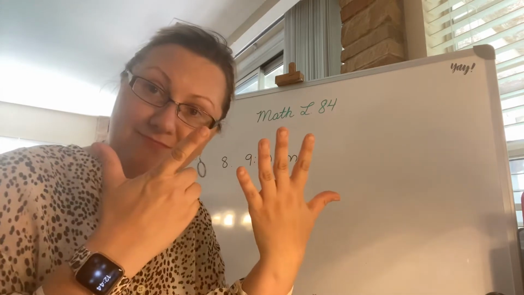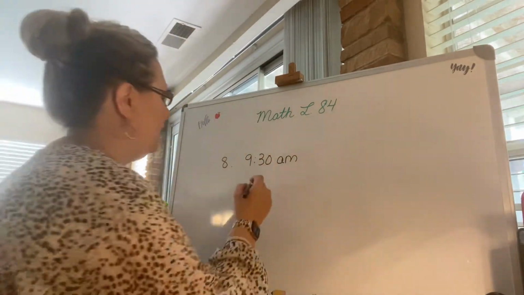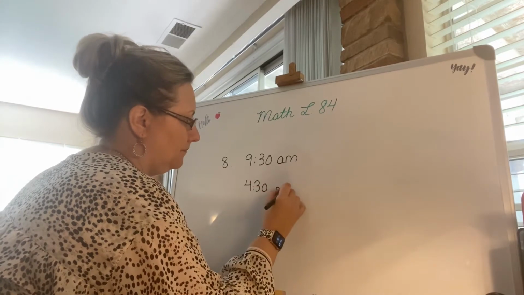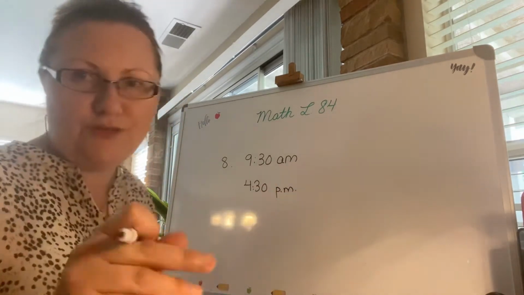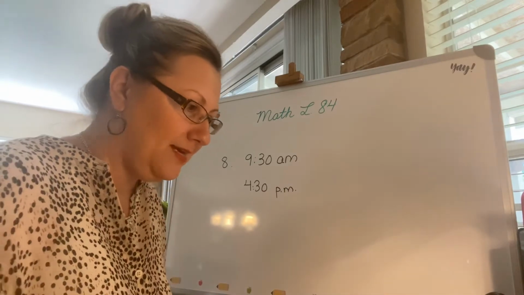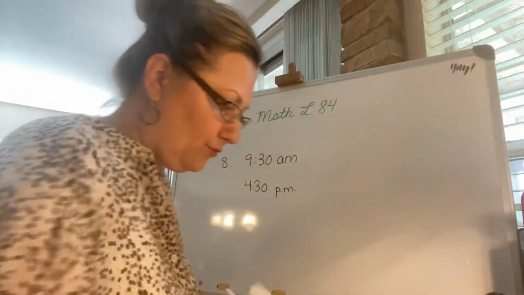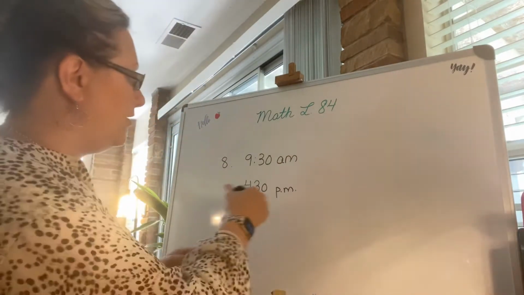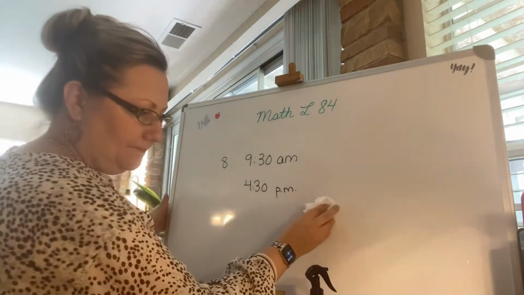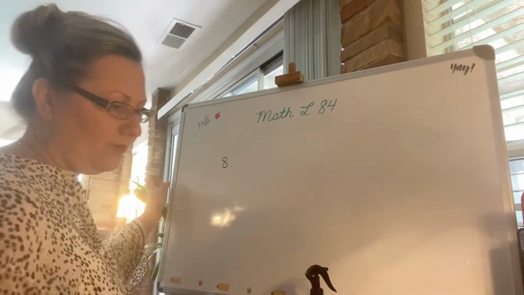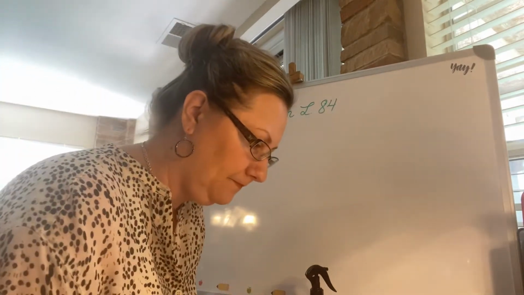So 7 hours later is 4:30 p.m. When you do a problem like that, it's best to do it a couple of times to make sure you got it right. But I can assure you that that is correct. So that was letter A. Letter A, the answer was 4:30 p.m.